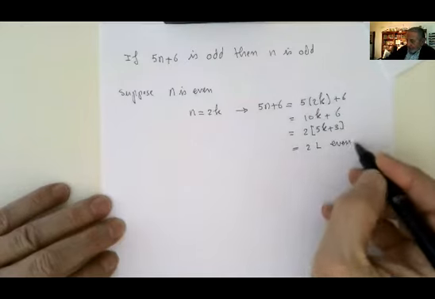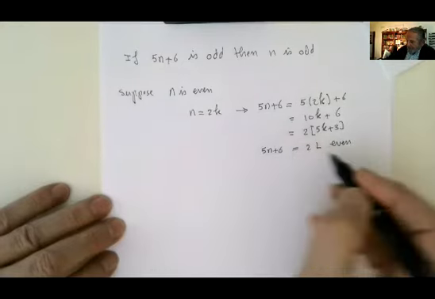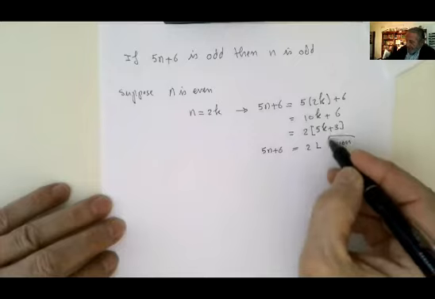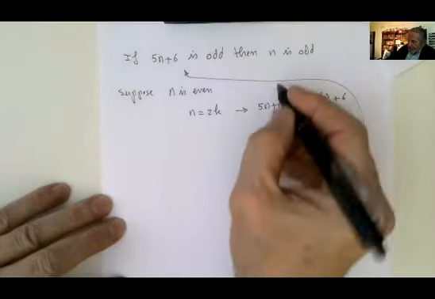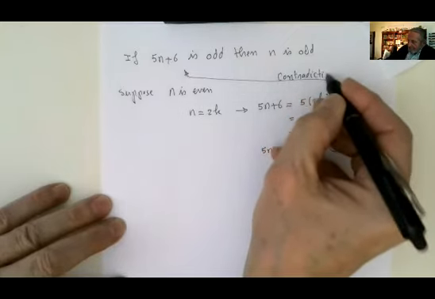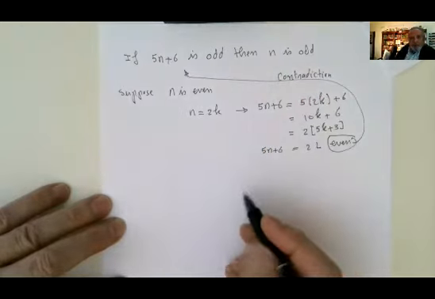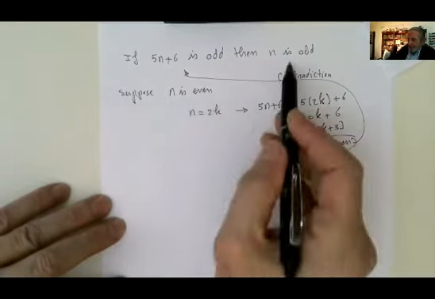Even. So 5n plus 6 is even, and 5n plus 6 is odd by assumption. Contradiction. And we got this contradiction because we supposed n is even. So n must be odd.